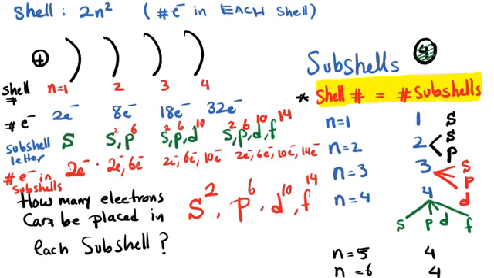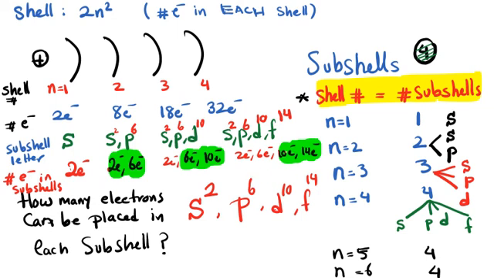The reason I wanted to write it here is to show you we always have 4 electrons added to each subshell. So 2 plus 4 means 6 electrons, 6 and 4, 10 electrons. So this is the interval between the subshells.